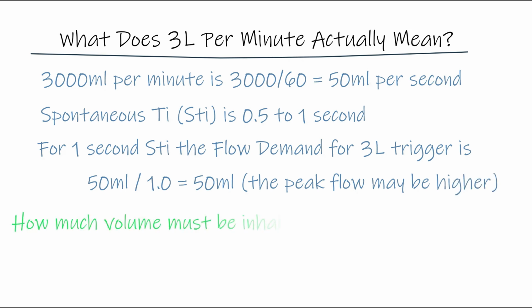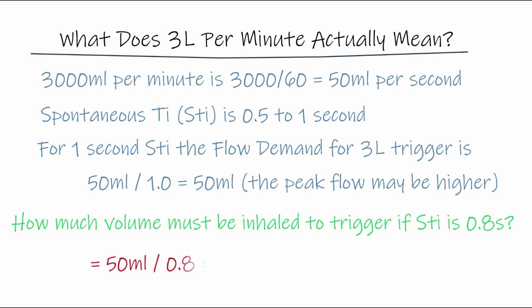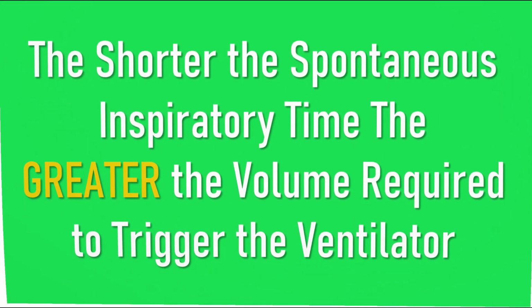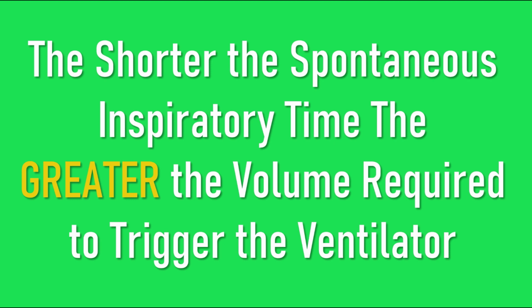How much volume must be inhaled to trigger if the spontaneous inspiratory time is 0.8 seconds? That works out at 50 mils divided by 0.8, which is 62.5 mils. So, the shorter the spontaneous inspiratory time, the greater the volume required to trigger the ventilator.